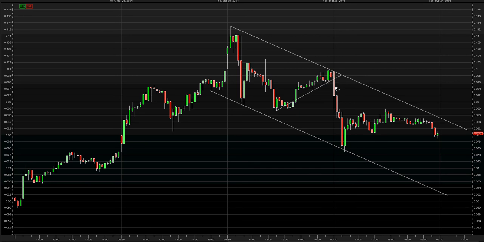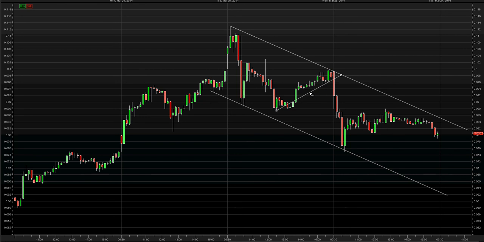Once it was broken, it decided to test the lower support trend line of the channel. From there it bounced and hasn't quite touched the resistance line of the descending channel, but it may at some point tomorrow. If this behavior continues, there's no reason to think that this price won't test this lower trend line here.